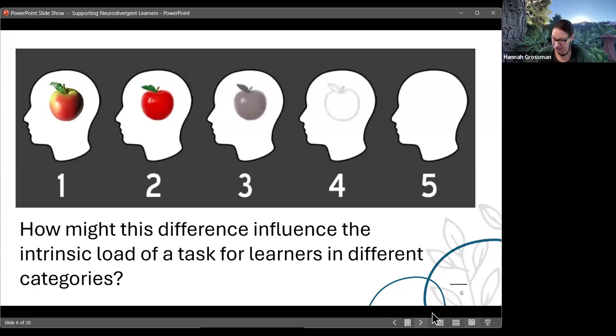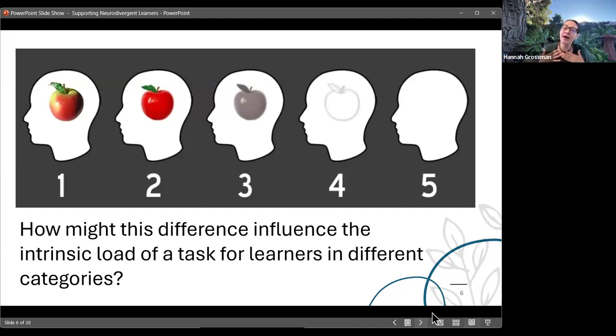You might be able to picture the texture on the leaf of the apple. If you're number 2, it might look like a cartoon red apple, and it might still be red, and it might still have a leaf, but it won't have each pore. You won't be able to see the textures. If you have a 3, it might still be an apple, but it might not be colored. If you have a 4, it might only be an outline of an apple. And if you have a 5, it might be nothing.